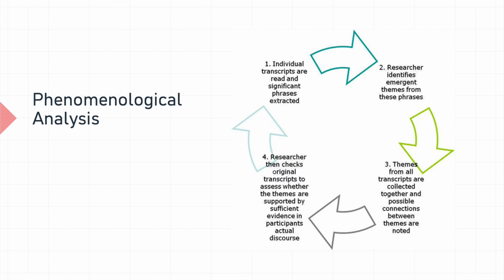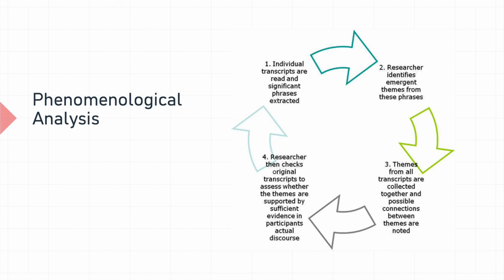In a phenomenological analysis, you start with individual transcripts and you read and look for significant phrases that can be extracted. The researcher then identifies any emergent themes from these phrases. The themes from all the transcripts are collected together, and possible connections between the themes are noted.